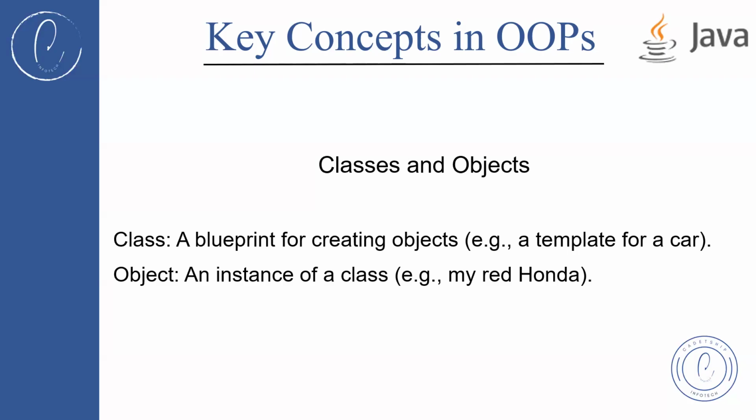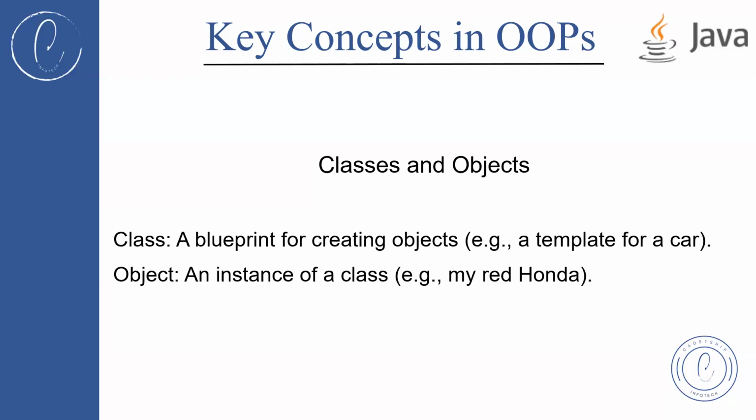And then what will be our objects? Our objects will be the instances of a class. Let's assume one instance of the class is defining my red Honda, as given in the example. The name field will get the value my red Honda, and the color will be red.